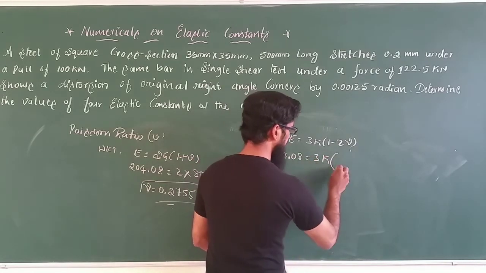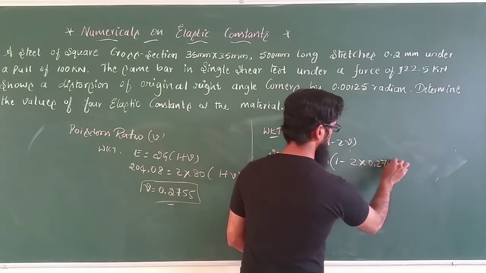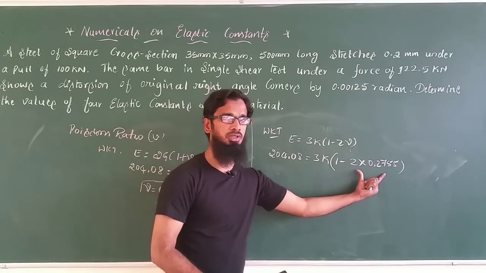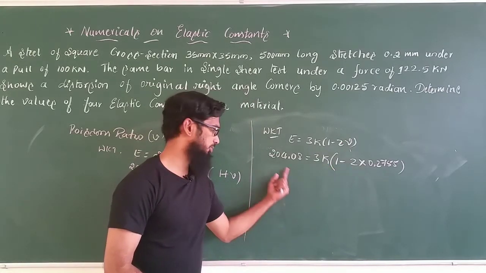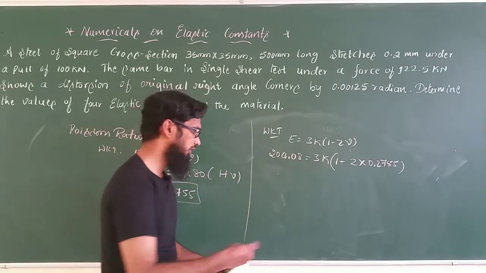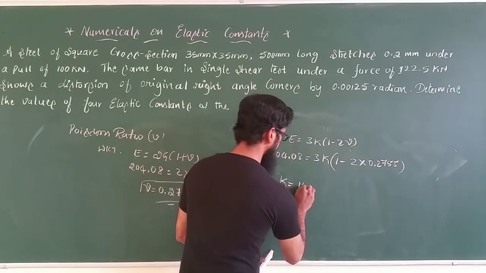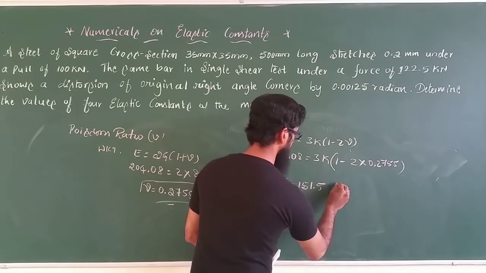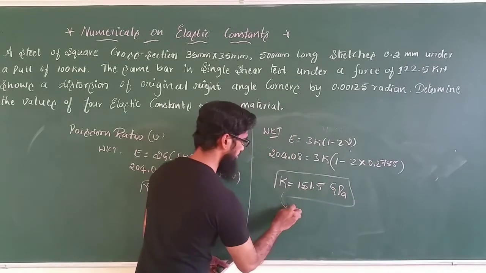So 204.08 is 3K into 1 minus 2 times 0.2755. If I simplify this part first, then cross multiply with 204.08 and divide by 3, finally I get the bulk modulus K as around 151.5 GPa, that is gigapascal. This is the bulk modulus here.